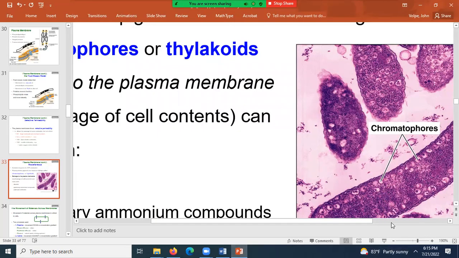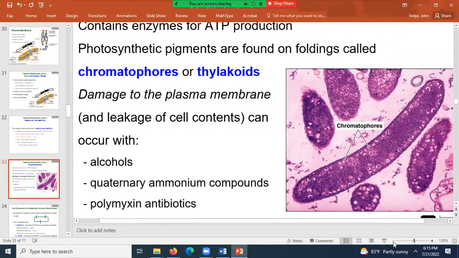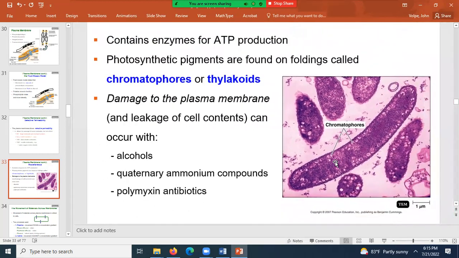Which we're trying to show here. And these have the molecules in these folds for trapping the pigment. And these we call chromatophores or thylakoids, similar to what you find in a eukaryotic cell, which you find in the chloroplast.